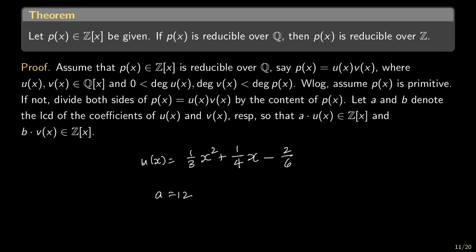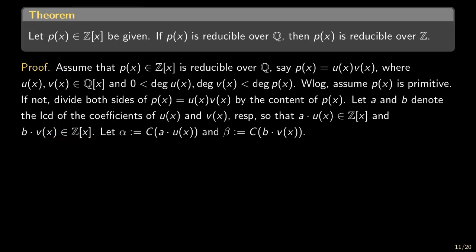The next step is to multiply this 12 to u of x. Because if I multiply each term by 12, I now get 4x squared plus 3x minus 4. You can see it magically turns the polynomial into an integer polynomial. That's the idea: if you multiply the LCD a by u of x, it becomes an integer polynomial. And if you multiply b by v of x, you get another integer polynomial.